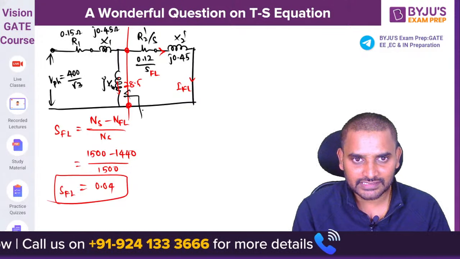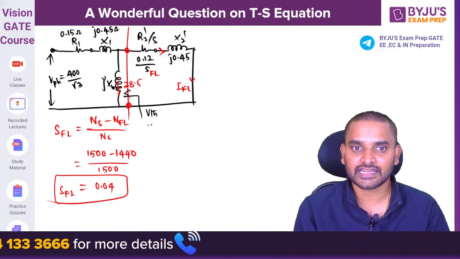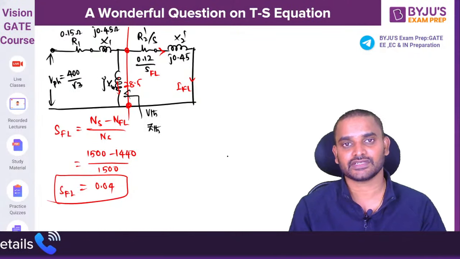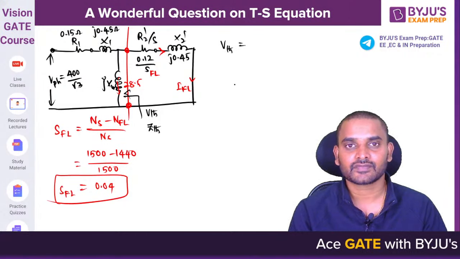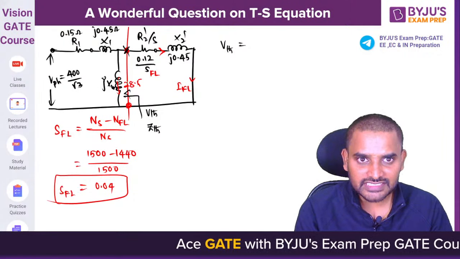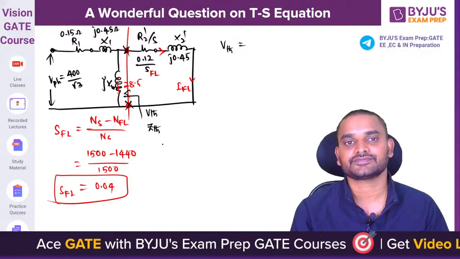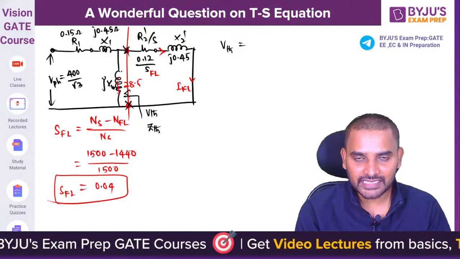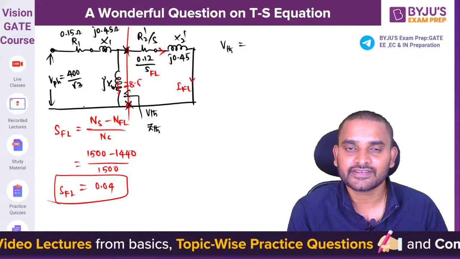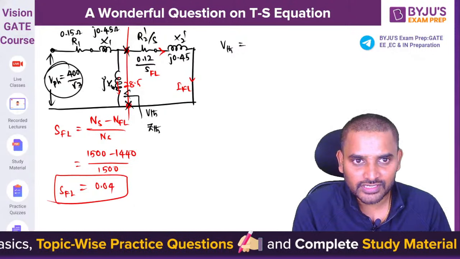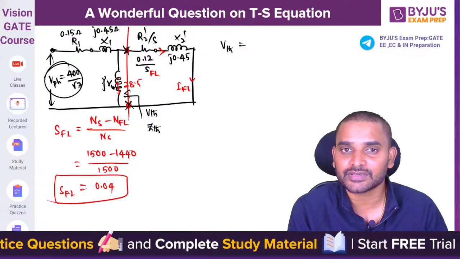So you can calculate the Thevenin's equivalent voltage and the Thevenin's impedance. Now can you tell me what is the Thevenin's equivalent voltage here? I want the voltage across these terminals. It is simply the voltage across J 28.5 ohms. So supply voltage into this reactance divided by total impedance.